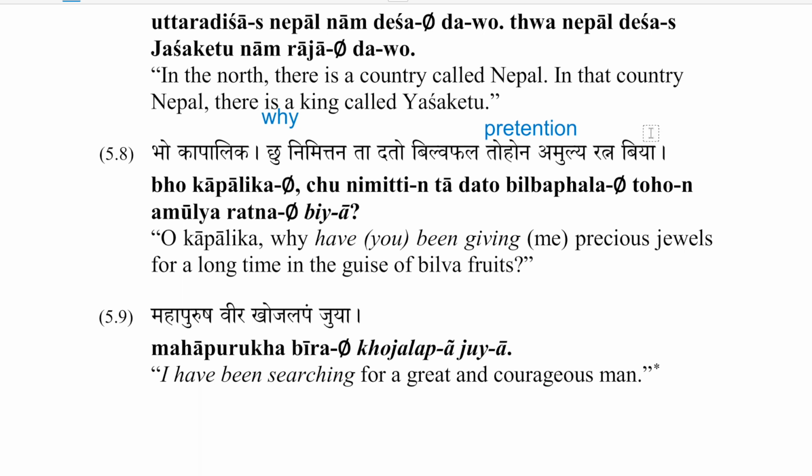Can we analyze dado? Okay. Da is the adjective for big or long. Like we have wo for great, and da is related to time. So dado means a long time.